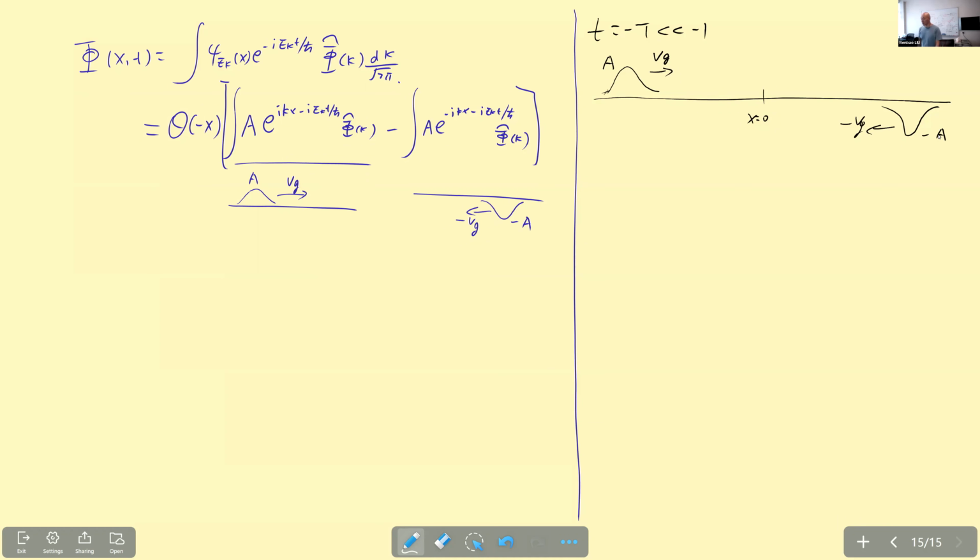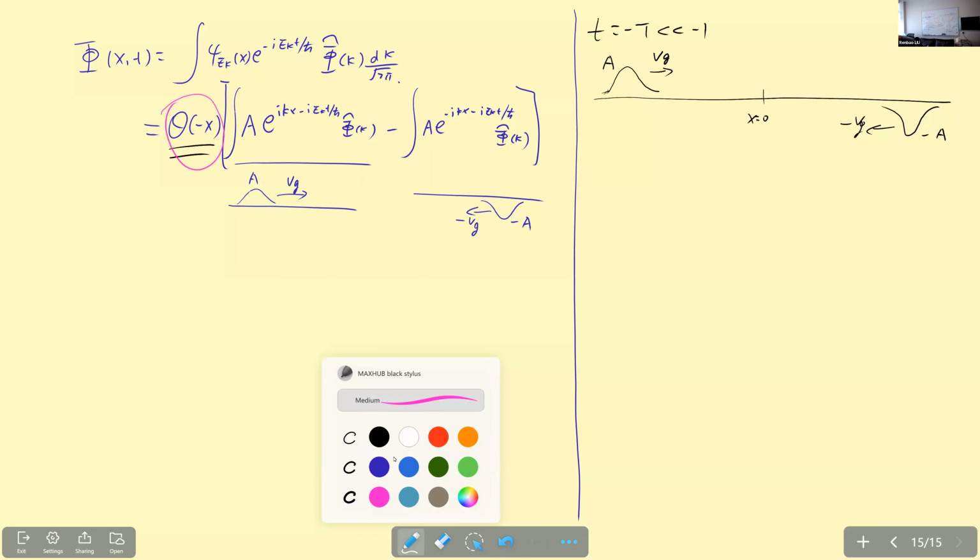Okay, looks fine. But we have forgotten this theta(-x). If you multiply by theta(-x), the right-hand side will be 0, so only this one will exist.